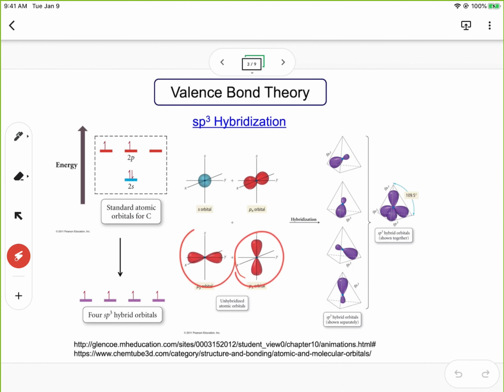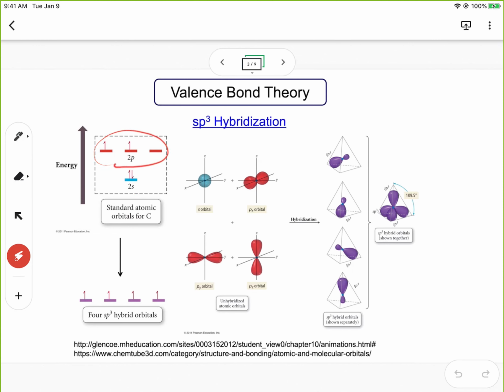Since this hybridization involves four orbitals, one 2s and three 2p orbitals, we call it sp3 hybridization.